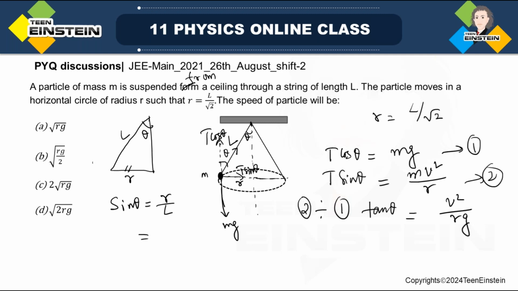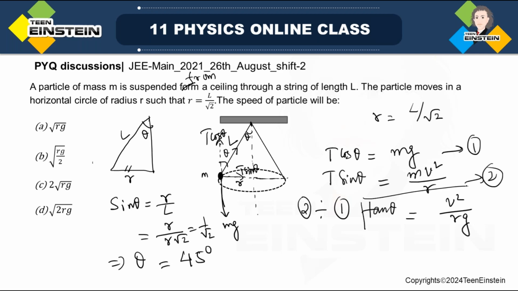L is equal to r root 2. So you get sine theta is equal to 1 over root 2. So this implies that theta is equal to 45 degree, because sine 45 degree is 1 over root 2.